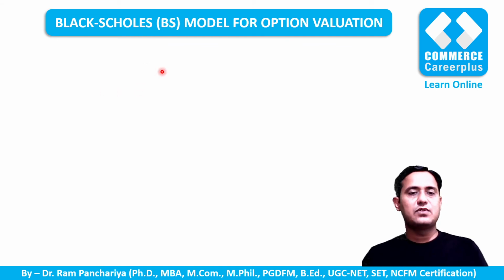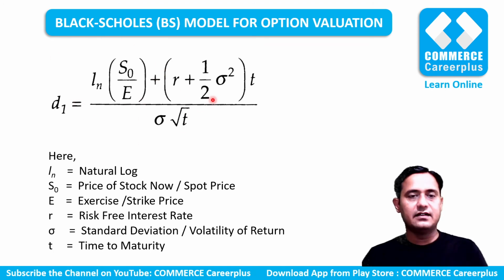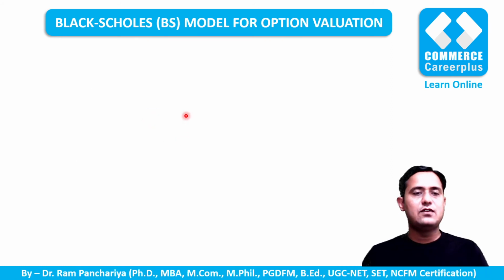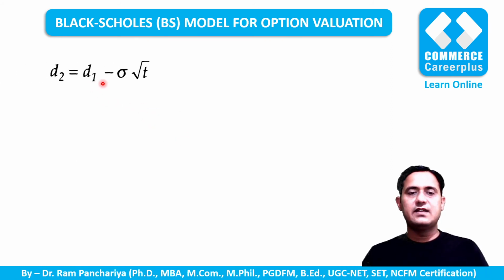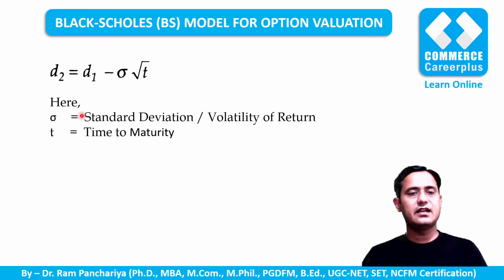So we take the value of D1 which we calculated, and subtract the value of the denominator term, the standard deviation multiplied by the square root of time, to get the value of D2. Here again, sigma indicates the standard deviation or volatility of the return, and T is the time to maturity.